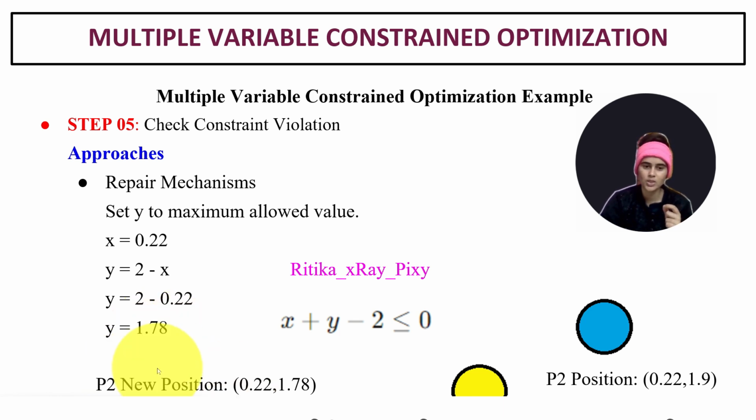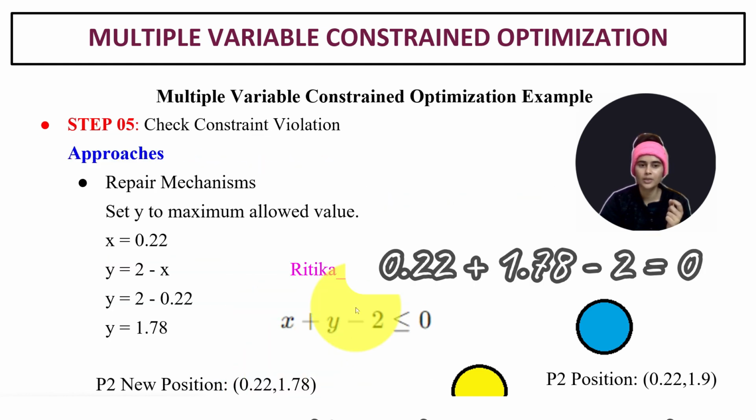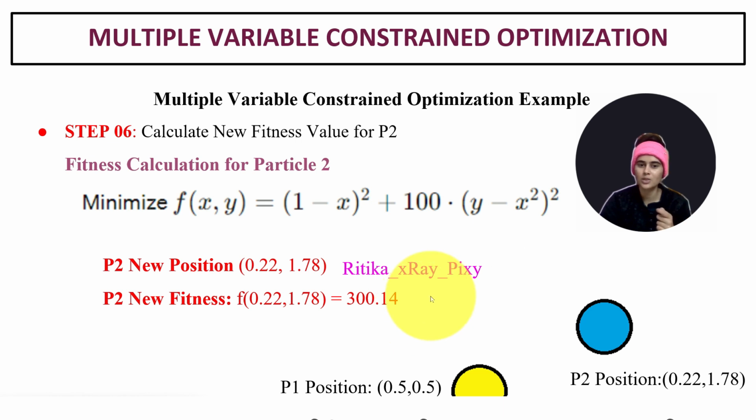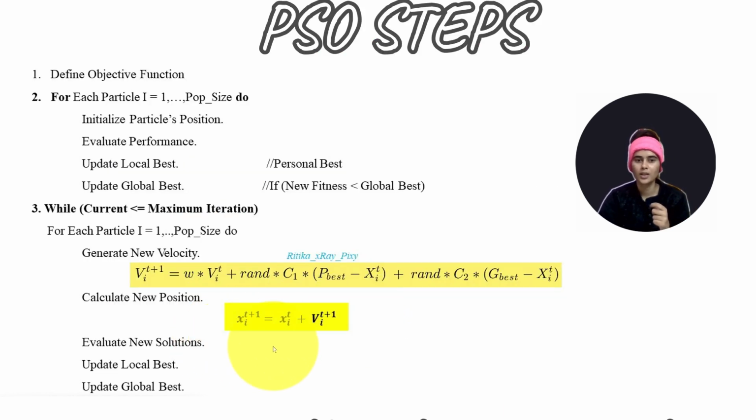So the new position, that is the adjusted value for the second particle, is now 0.22 and 1.78. Now you can add the values in this function, 0.22 plus 1.78 minus 2. This time the constraint is satisfied, so we can calculate the fitness value for this particle, and here we obtain the new fitness value for the second particle, that is 300.14.